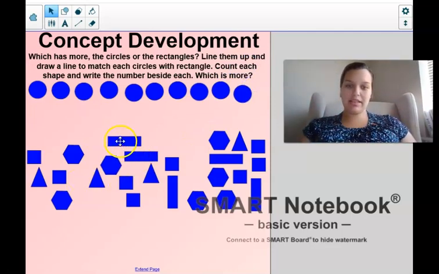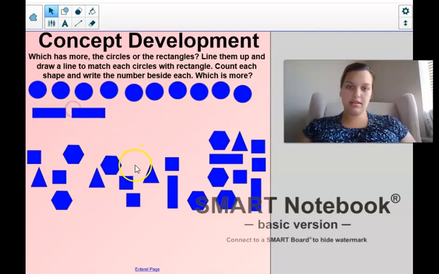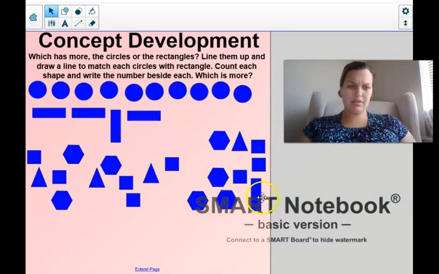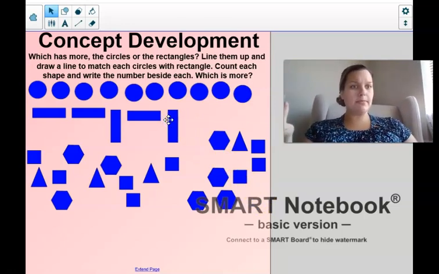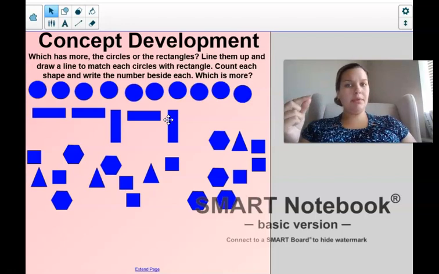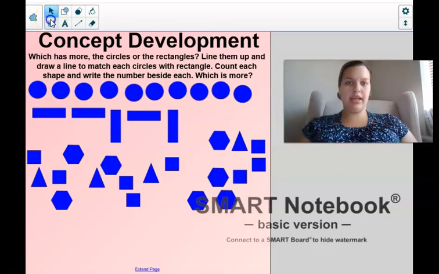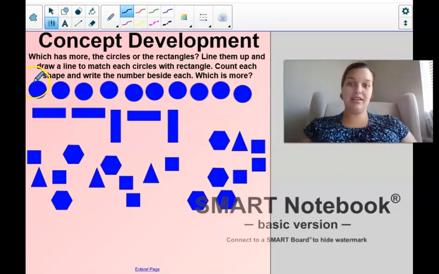Can you help me grab all the rectangles? Now, how are we going to figure out which has more? What are we going to have to do? We could count them, right? But what else can we do with our line? We can draw our line. So circle to rectangle, circle to rectangle, circle to rectangle, circle to rectangle, circle to rectangle.